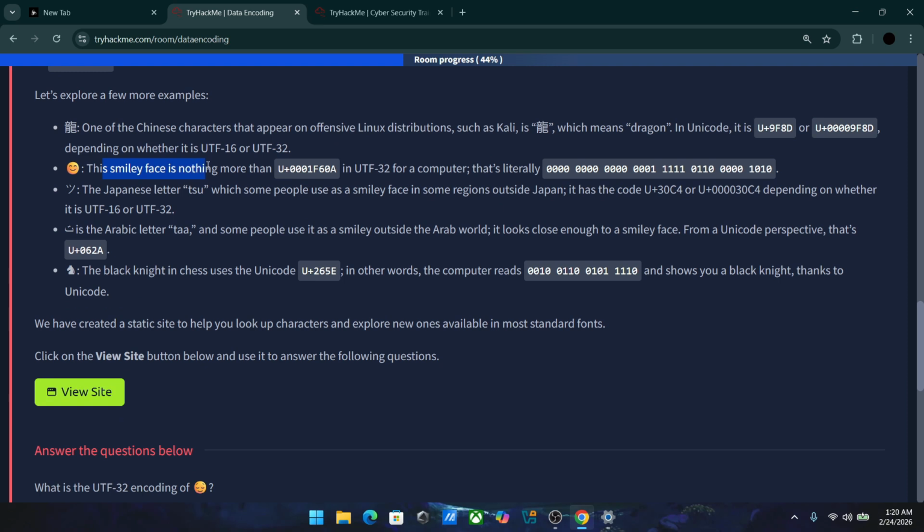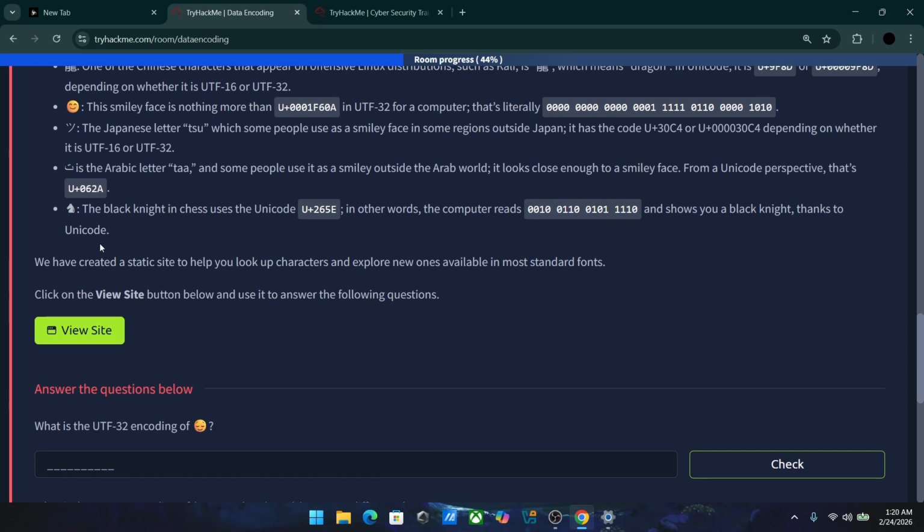This smiley face is nothing more than this in UTF-32, for a computer that's likely this one. This is the Japanese letter tsu, which some people use as a smiley face in some regions outside Japan. It has a code, this one or this one, depending on whether it is UTF-16 or 32.